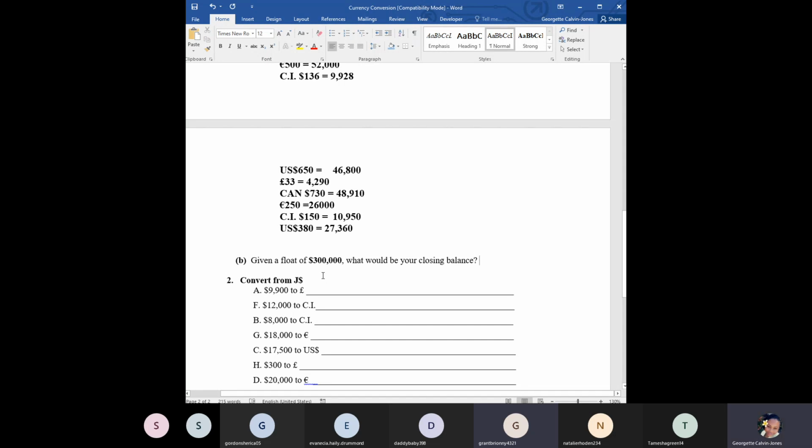238,893. That's not what I got. Anybody else get a different figure? Is that a figure everybody gets or nobody else did it? Means I didn't do this part. Didn't do that part? All right, so let's add them together. Emily, where you get?